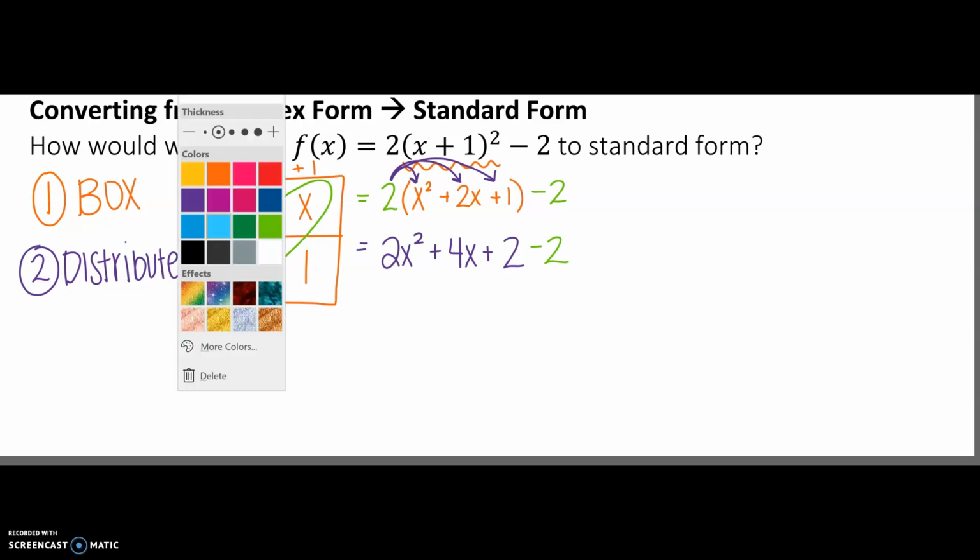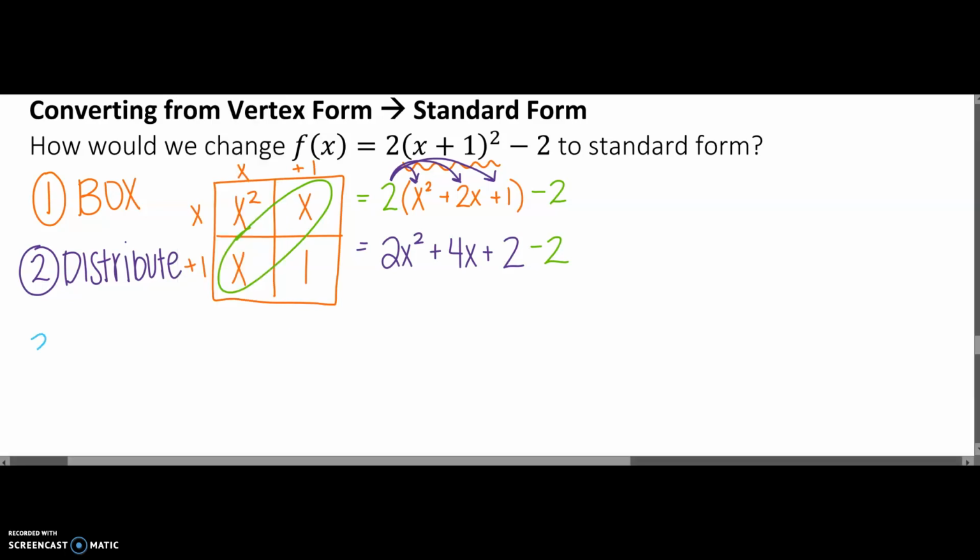My last step is going to be combine like terms. So I'm going to combine my 2 like terms together, which is positive 2 and negative 2. 2x squared and 4x do not have like terms in this statement.